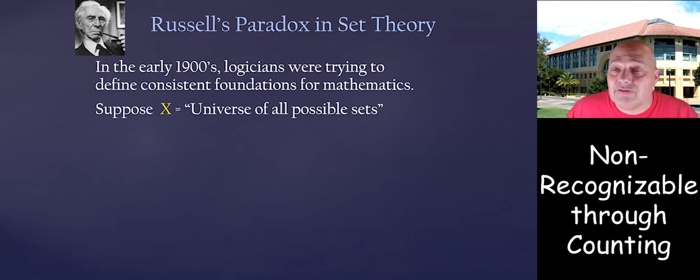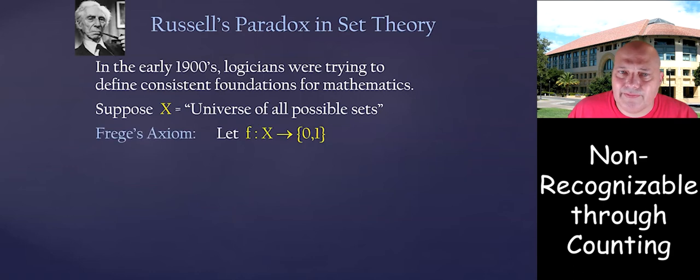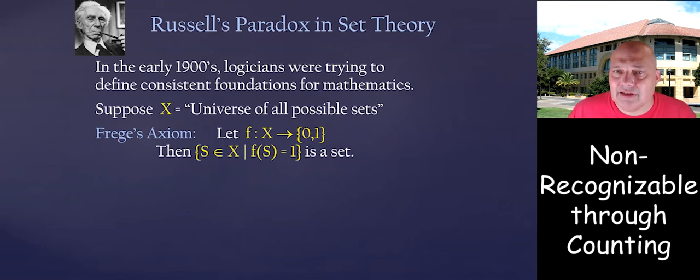through this difficulty of defining a consistent way of viewing sets. So suppose X is the universe of all possible sets. Frege's axiom gives us a way of defining sets. It says essentially that for every property F, we can define a set.